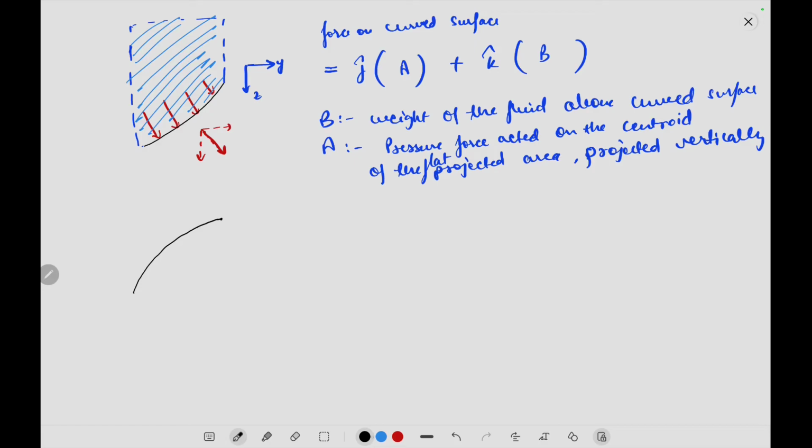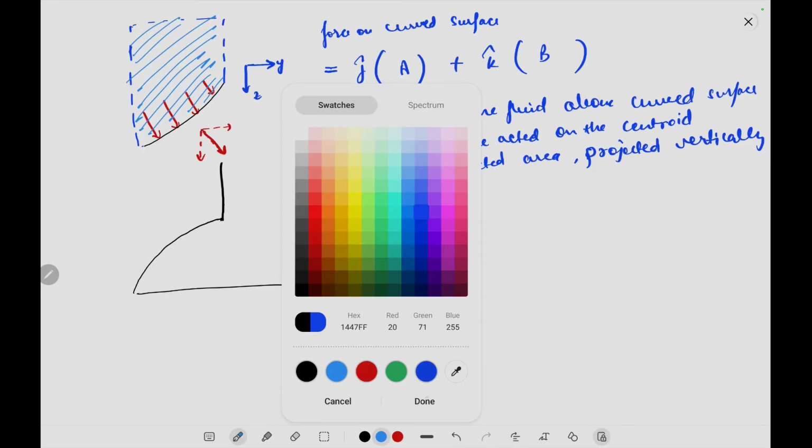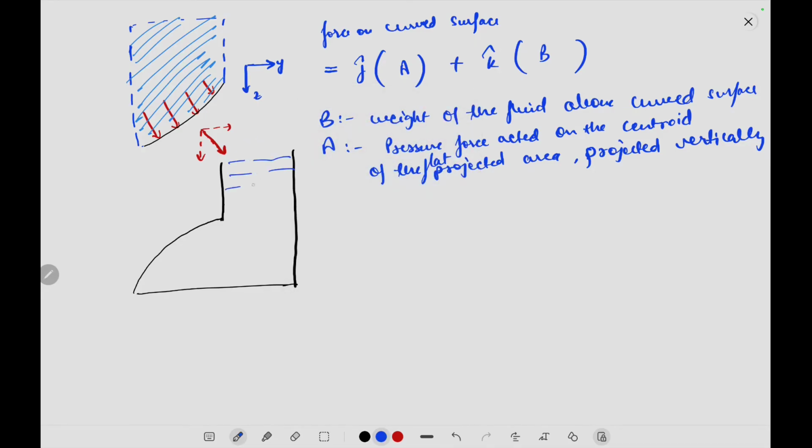Let's say the surface is like this, the container is like this, and the fluid is filled in this container.